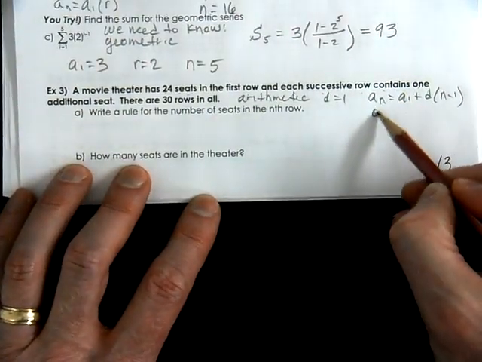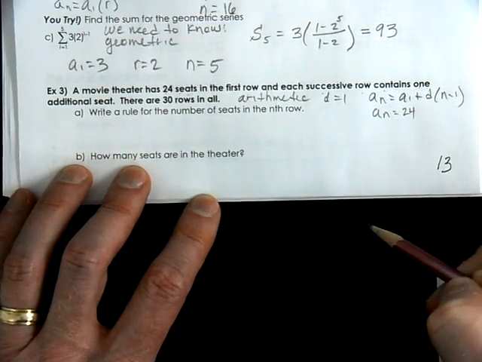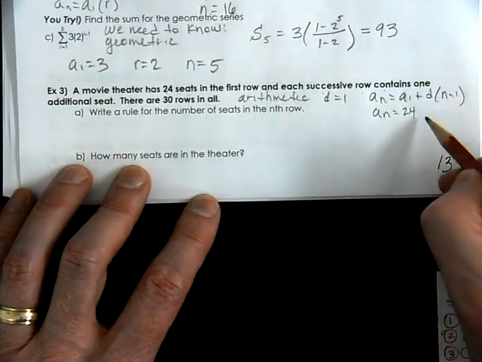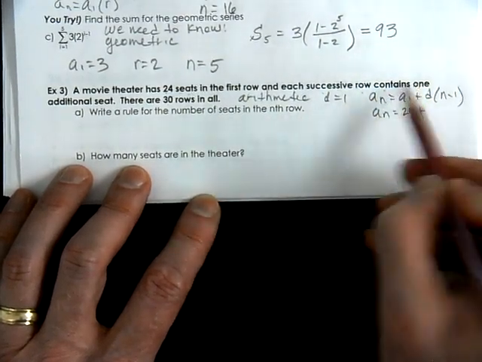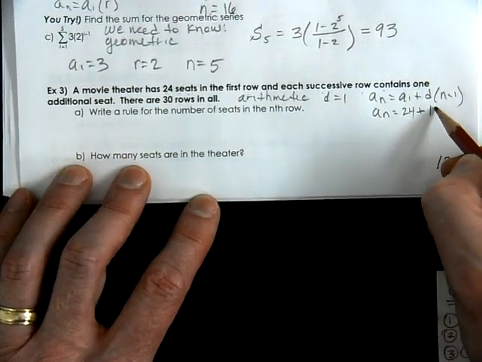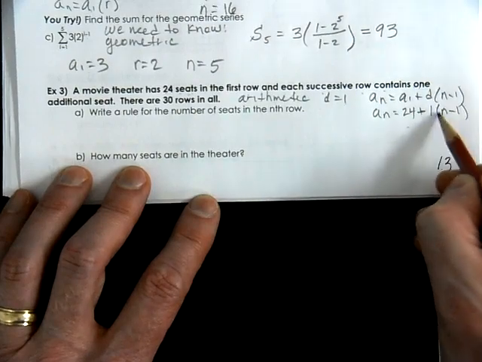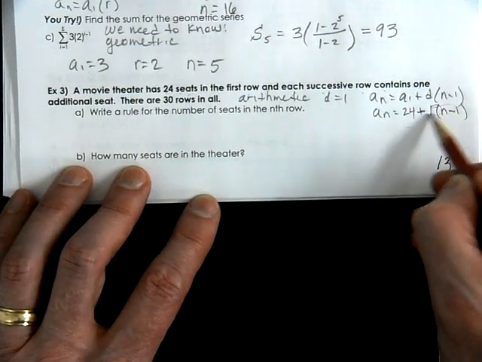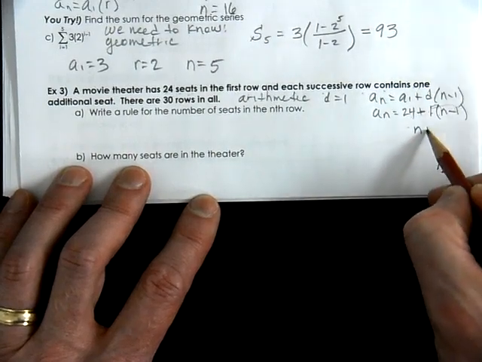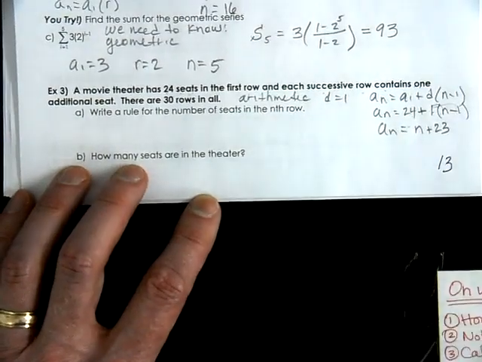So our rule, our first term we said was 24. That was the number of seats in the first row. We're adding one additional seat every time. n minus 1. So this is distribute, distribute. So we get n minus 1 plus 24, which is n plus 23. That is our rule.